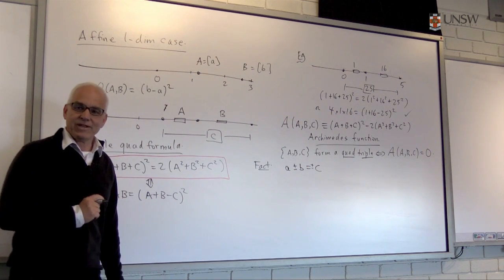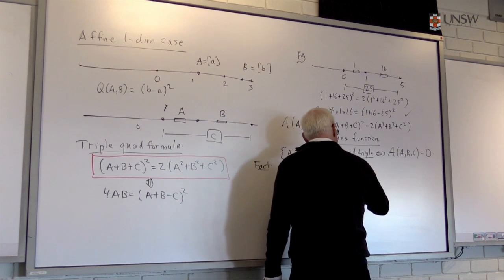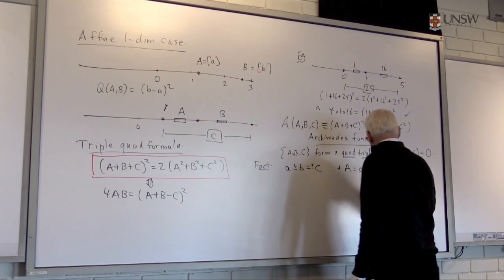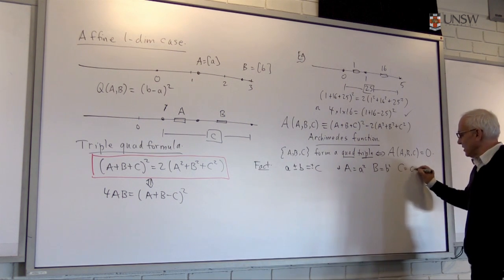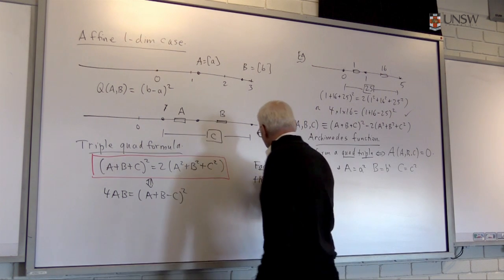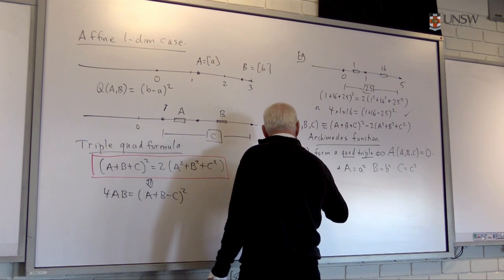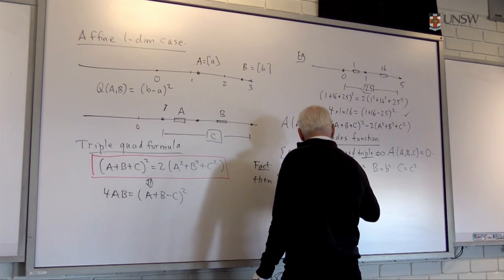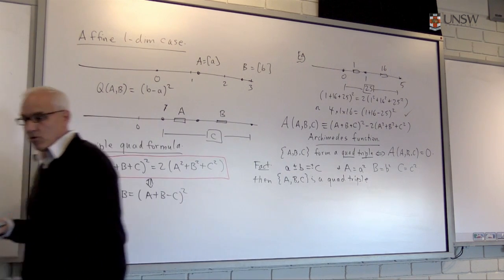If I have a linear relationship between 3 things, and I introduce the squares of those 3 things, so capital A is a squared, capital B is b squared, and capital C is c squared, then A, B, C is a quad triple. In other words, it satisfies Archimedes function or the triple quad formula.